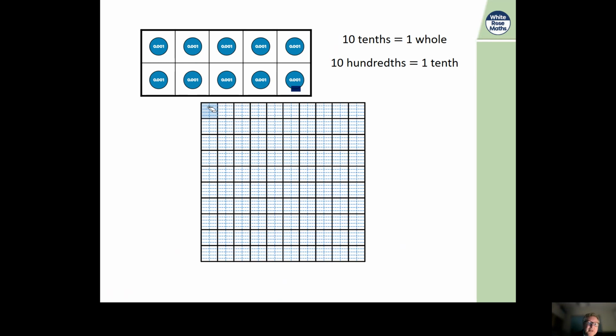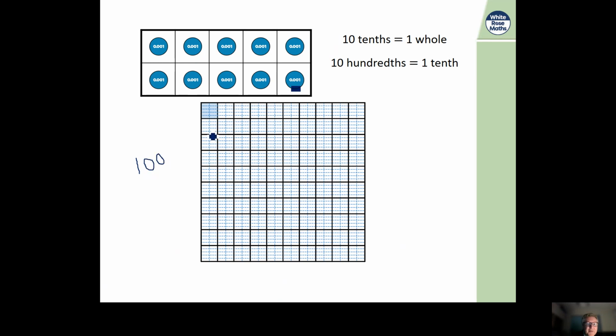So we've got 1, 2, 3, 4, 5, 6, 7, 8, 9, 10. So now we have 10, but we've got 10 inside that 1. So if that was 10, 20, 30, 40, 50, 60, 70, 80, 90, 100. Do you think? Do you agree? That looks like that's 100.